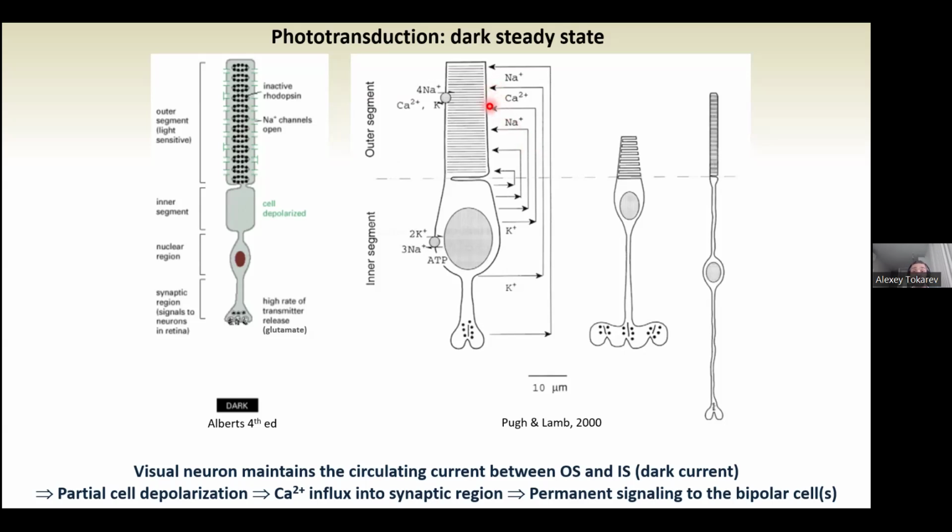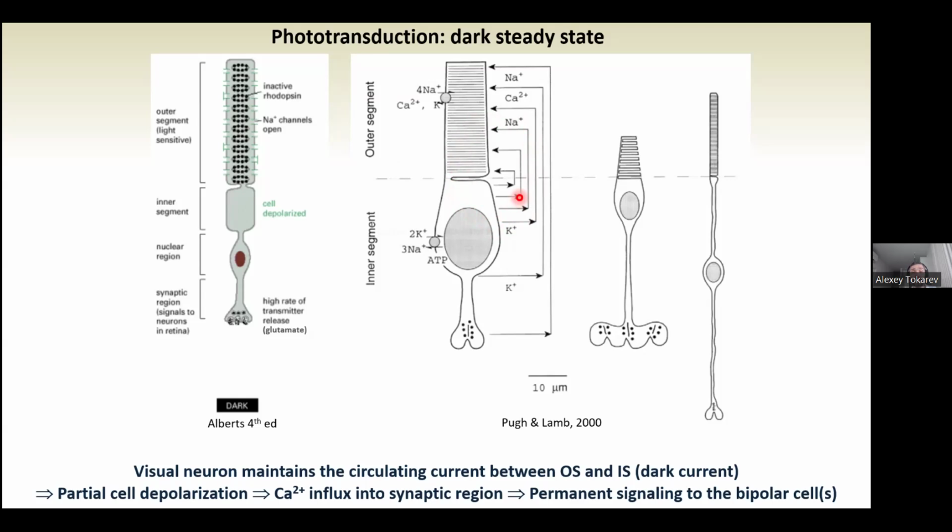Because there are channels in the outer segment which are open for sodium and calcium ions, and there are channels in the inner segment which are open for potassium ions, and a so-called circulating current runs between inner segment and outer segment. It flows along the cell, inside the cell and outside of the cell, forming such a loop.